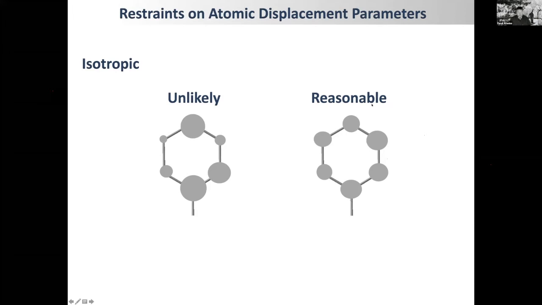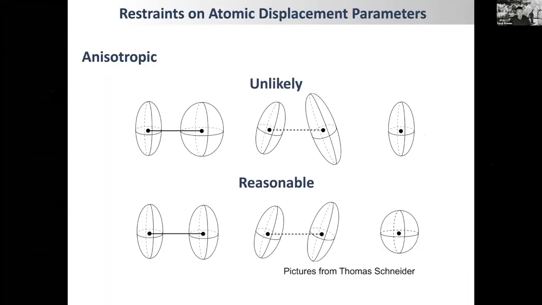And this is for isotropic B factors, and the same concept applies for anisotropic B factors. Anisotropic B factors are ellipsoids, right? And we want these ellipsoids to make physical sense for bonded atoms.